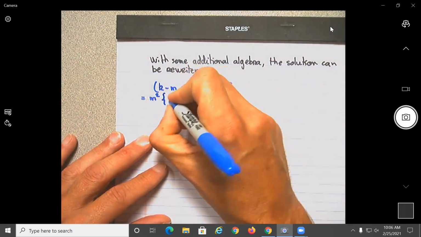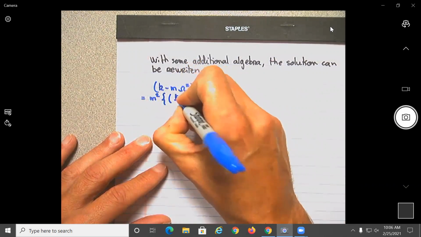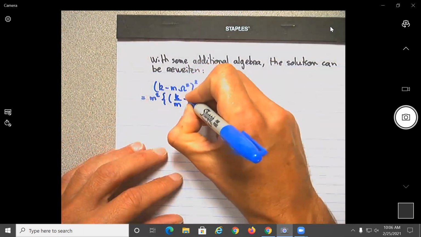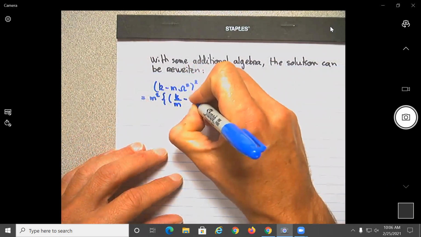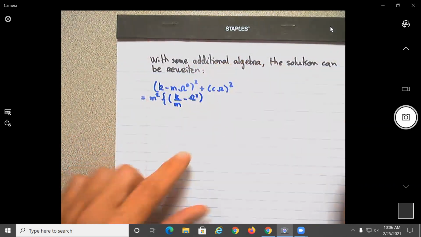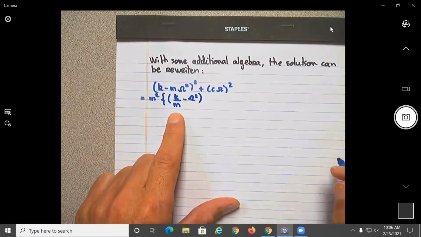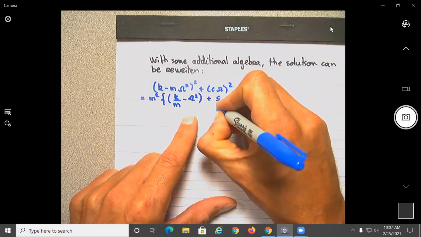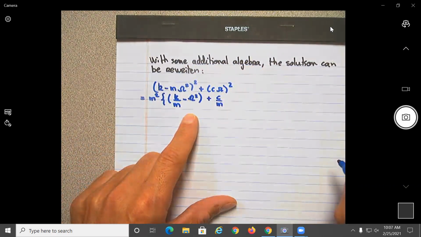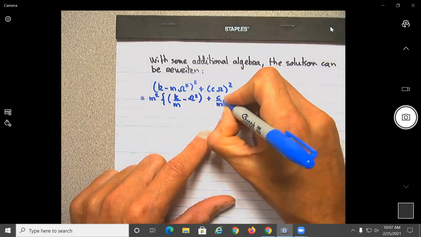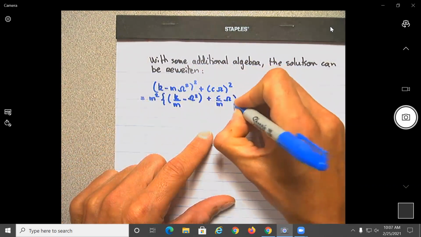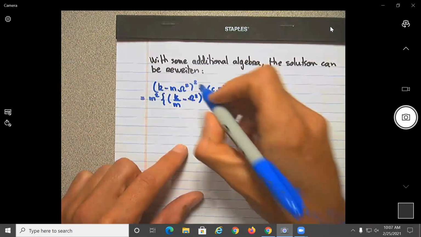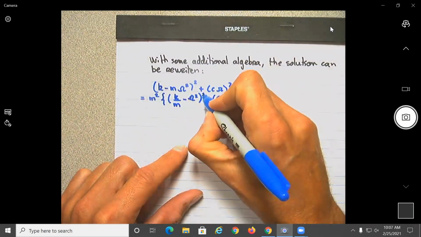The first term will give you k over m minus omega squared, no? And the second one will give you plus c over m omega, everything squared. And I forgot here the square, sorry.